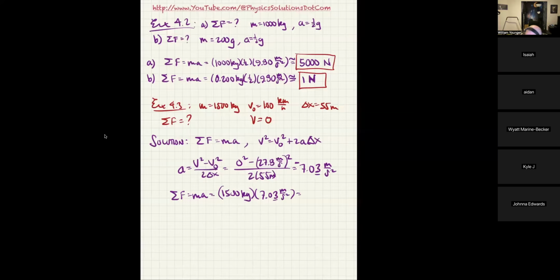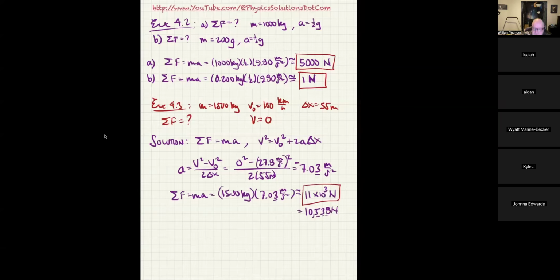When I multiply 7.03 times 1,500, I get about 11 times 10 to the third newtons. It actually equals 10,538 newtons, but there's really only two sig figs, so that's what it came out to be. Anybody have any questions with that?